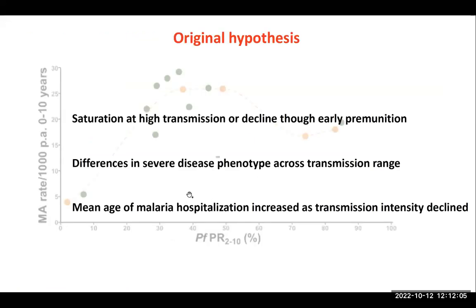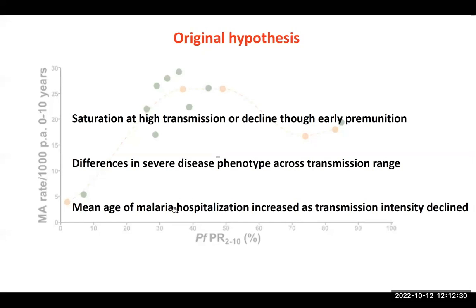And so the three main hypotheses that were generated from this early data, and which we have tried to address in the work I'll present today, are: one, does the rate of severe disease saturate at high transmission or decline through early premonition? And what I mean by premonition is the maintenance of high levels of malaria-specific antibodies.